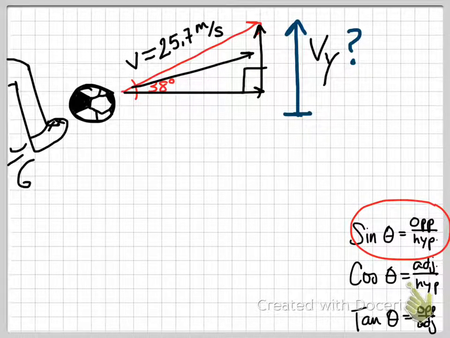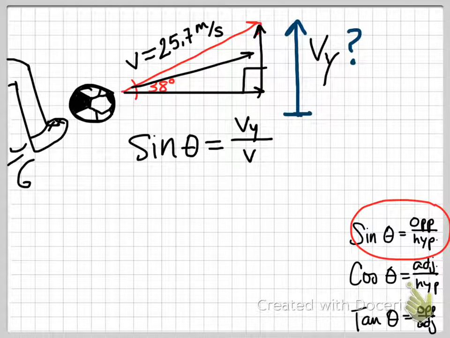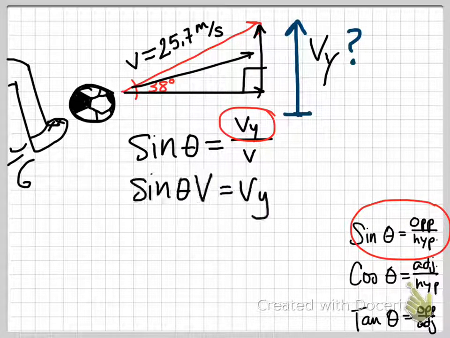Let's set up the sine equation with the variables from this particular triangle. So I've written down sine theta equals velocity on the y divided by velocity. I'm going to rearrange that to solve for velocity on the y. I get sine of theta times velocity equals velocity on the y. Now let's plug in numbers and get an actual value.